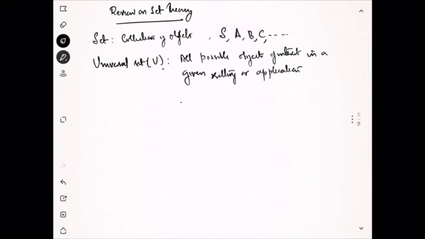Suppose we are considering a random experiment, then our universal set is the set of all possible outcomes. For example, let us consider the tossing a coin example. Then S is equal to the possible outcomes, which are head or tail.